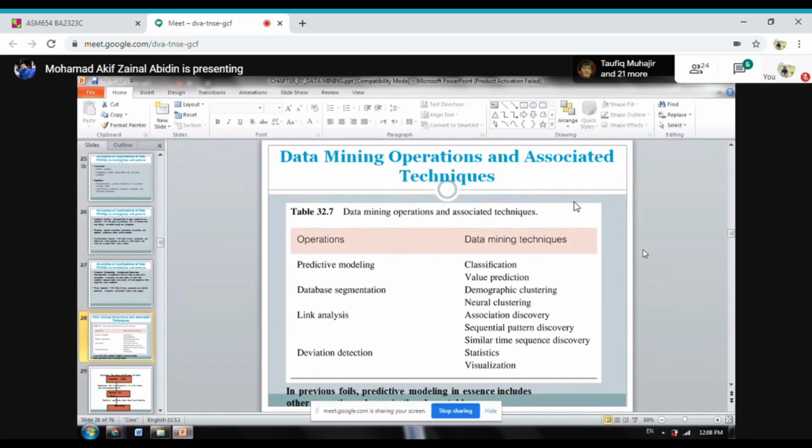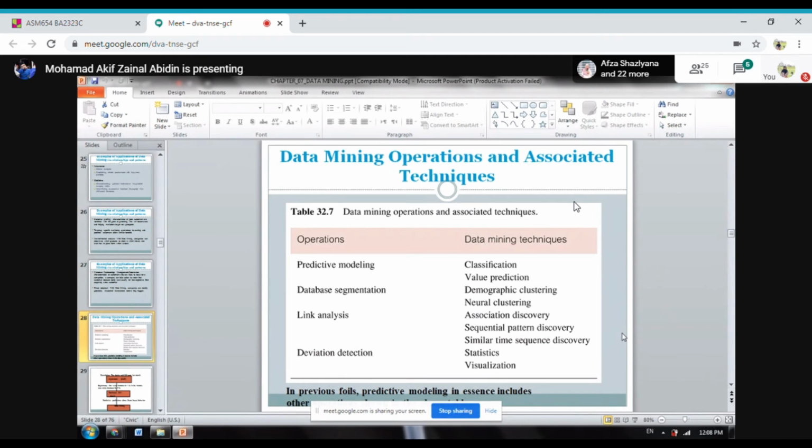So we have predictive modeling, database segmentations, link analysis, deviation detection. So for each of these operations, we will give the keywords exactly what we have in our PowerPoint slides. Okay, we will use the same keyword in the scenario so that you get the correct answer. You can choose the correct answer.